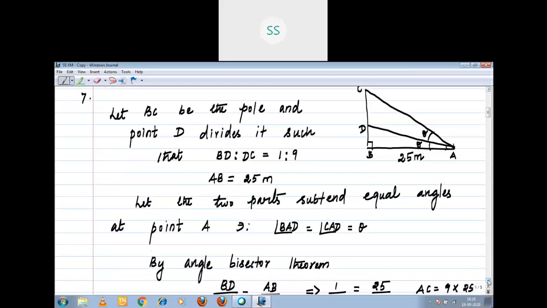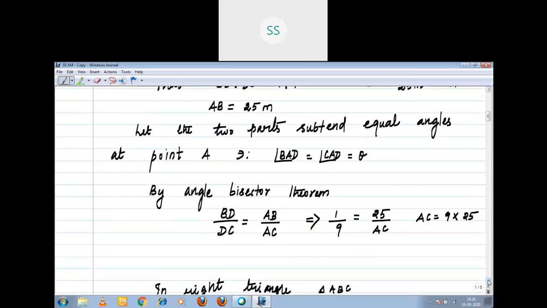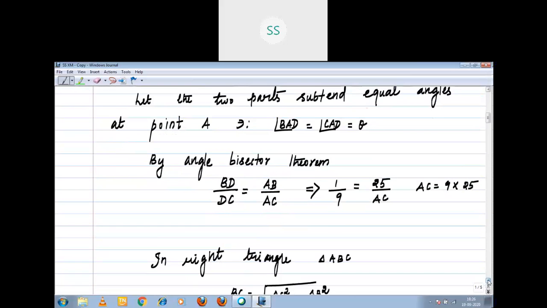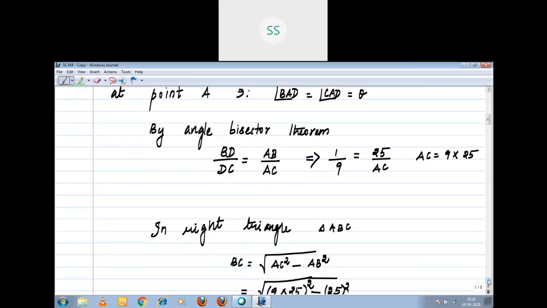Now AB equal to 25. Let the two parts subtend equal angles. That is also given in your question, right? Two parts subtend equal angles at point A, so that angle BAD equal to angle CAD equal to theta. They said equal, that's why I wrote it as theta.